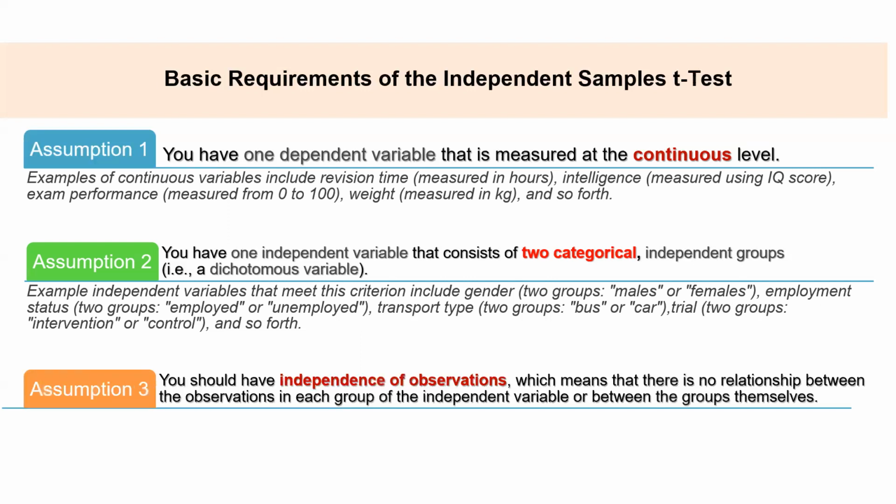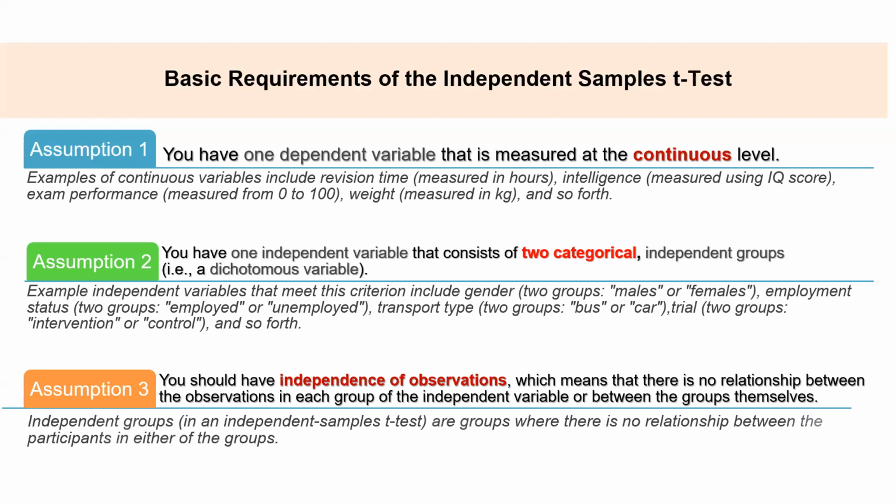The third assumption is that you should have independence of observations, which means that there is no relationship between the observations in each group of the independent variable or between the groups themselves.